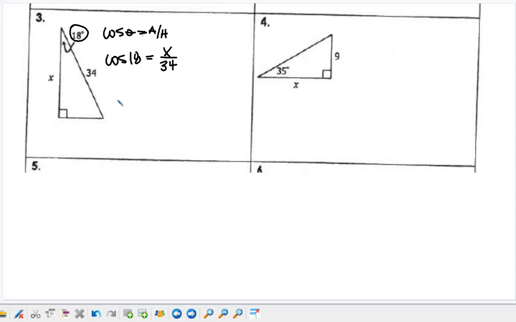I'm going to multiply by 34 on both sides, so I get 34 times cosine of 18 degrees is equal to x. And I get that x is approximately equal to 32.3.